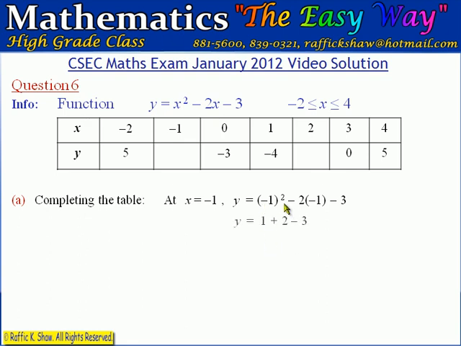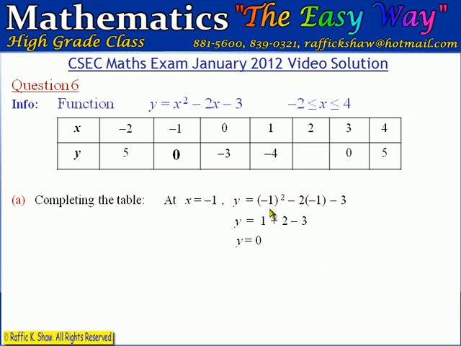So that reduces to: -1 squared is +1, -2 times -1 is +2, and then this -3 comes back here. And we see that this works out to 0. 1 plus 2 is 3, minus 3 is 0. So that's the value of y for this cell, 0. And we can go ahead and show that value.